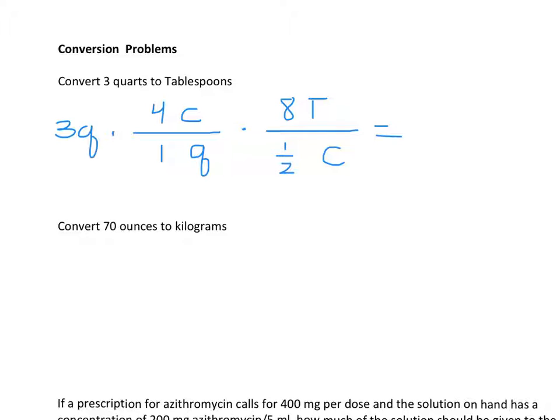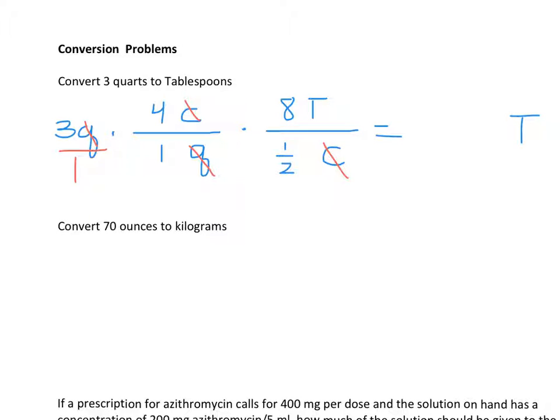All right, so if we go ahead and cancel just the labels, remember this 3 quarts is like over 1. So we have quarts in the numerator and denominator, those cancel out. And then we have cups in numerator and denominator. And then we are left with tablespoons.